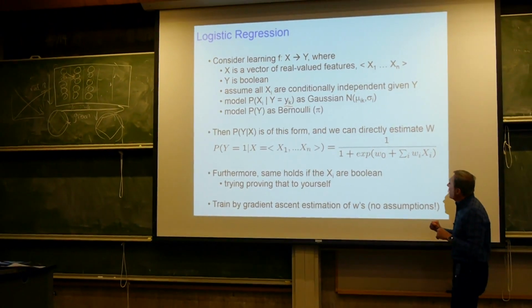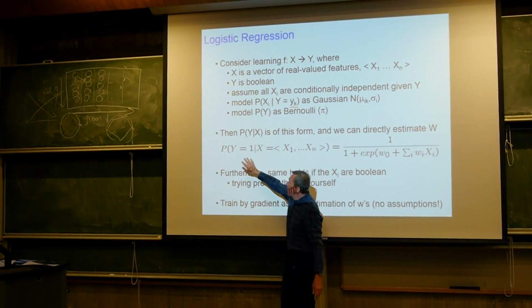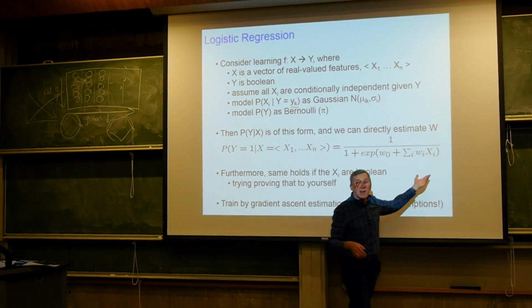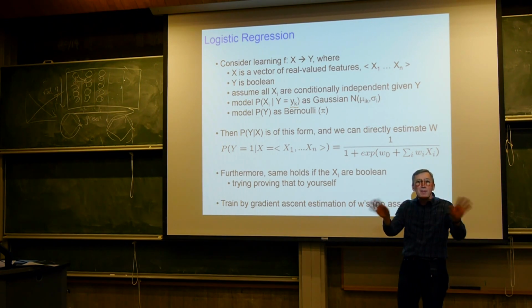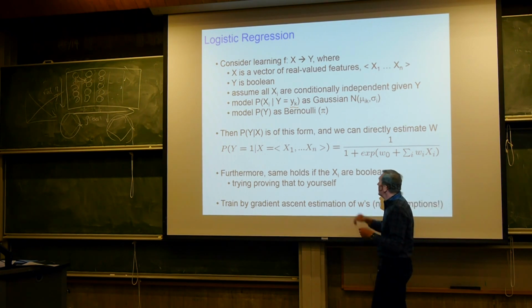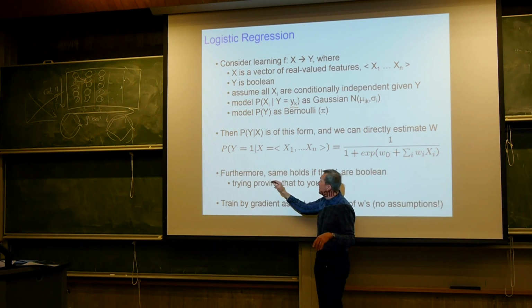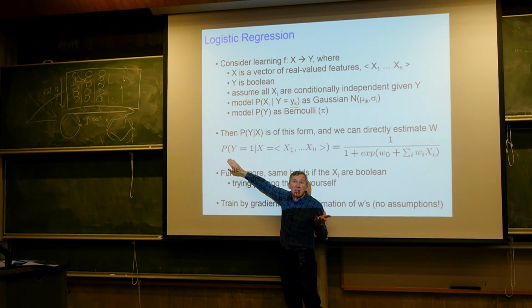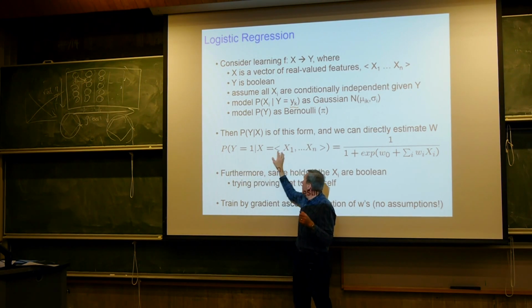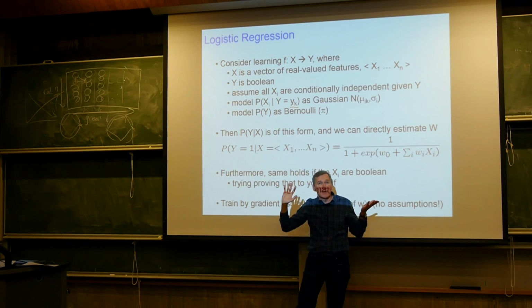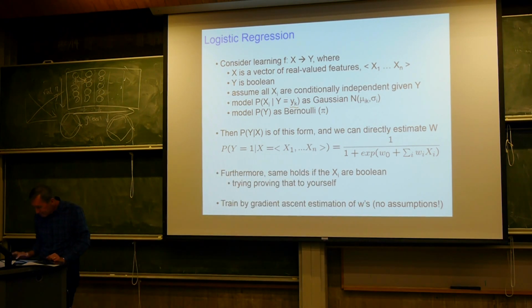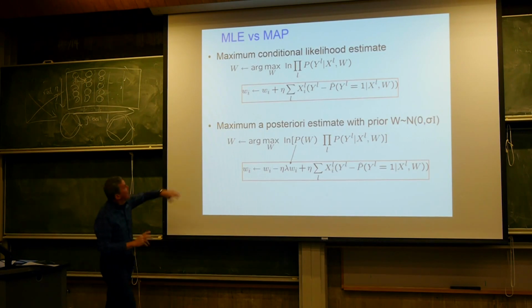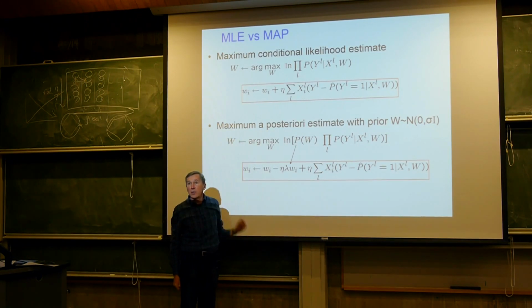That is, instead of making both the x's and the y's most probable by choosing our w, we simplified it to the conditional likelihood so that we assume the x's are just given. We don't have to worry about their probability. And so we just chose the w's that maximize the conditional probability of the y's in our training set, given the observed x's in our training set. And so then we got that nice gradient descent rule. In fact, it is the gradient ascent rule.